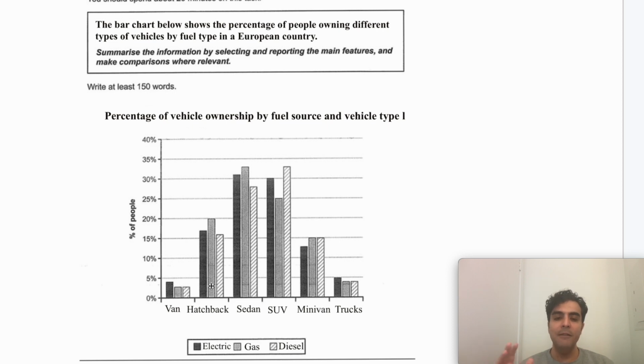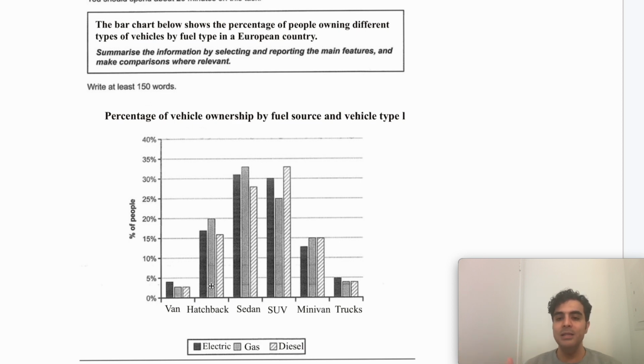But what if we had like 5 types of cars, as you can see here, and we had like 5 sources of energy? I don't know what those other sources of energy would be, but let's say for the sake of argument. What am I going to do now? Well, now I have to go with one of these types of division and then bundle or group them together.